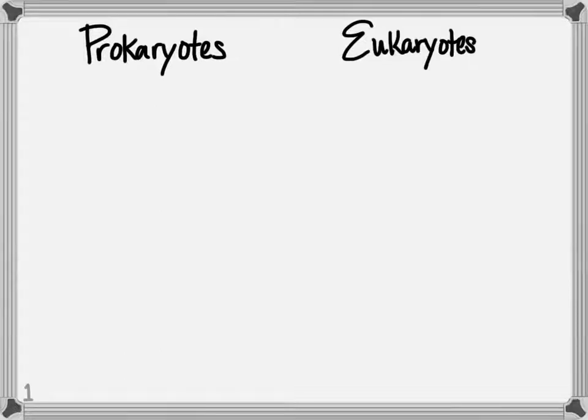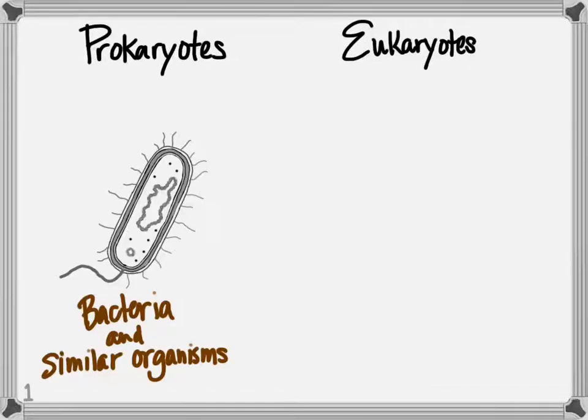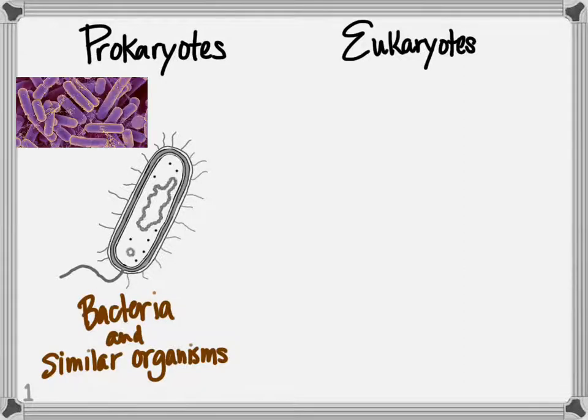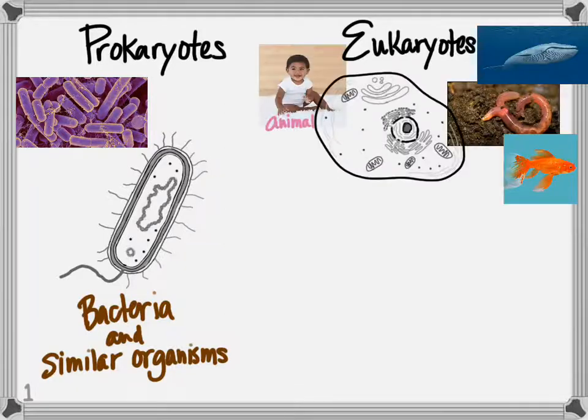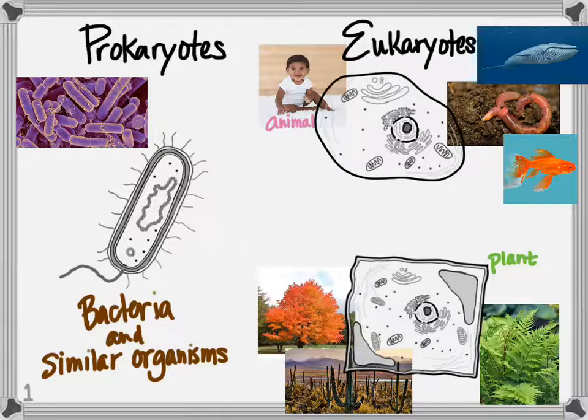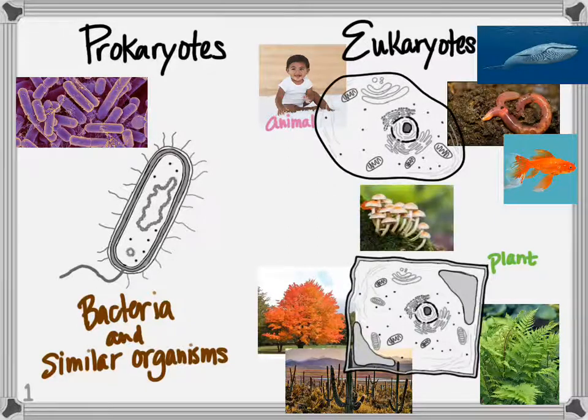So you know that prokaryotes, that would be bacteria and bacteria-like organisms, and eukaryotes, which would be animals, plants, and fungi, as well as a few complex unicellular organisms called protists, are different.